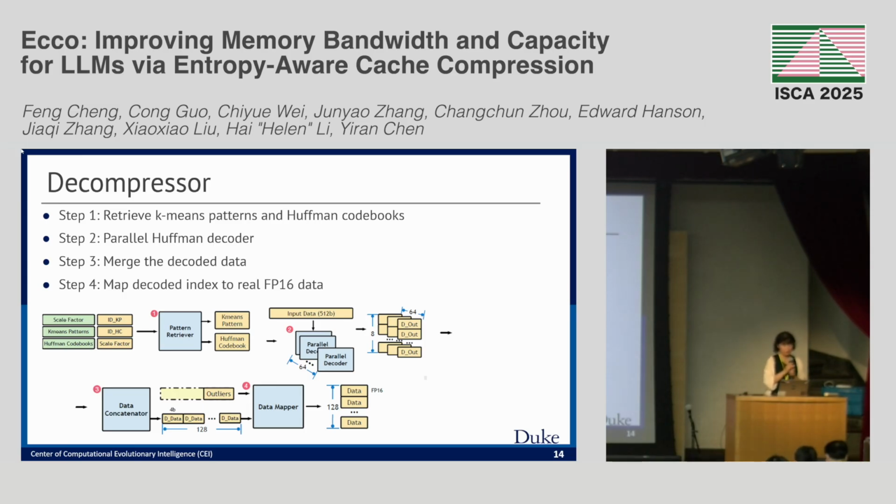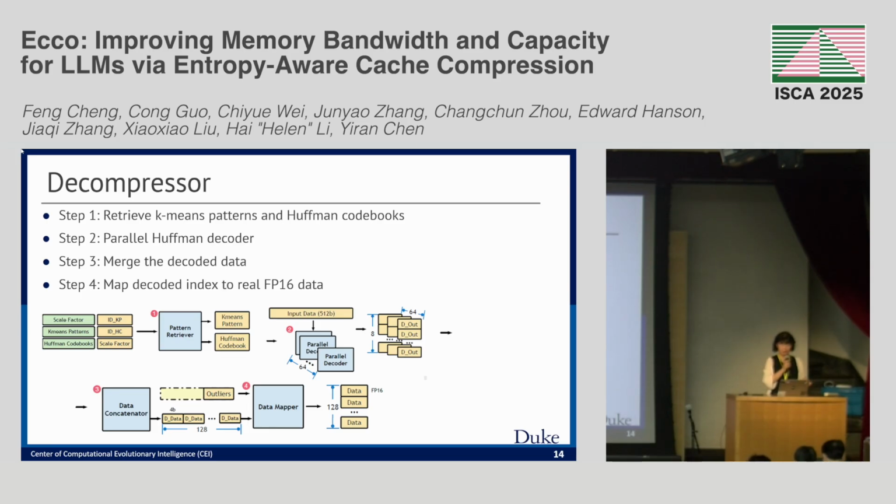The decompressor between the L2 cache and L1 cache decompresses the weights and activations for SIMD compute. It first fetches all the metadata, including the k-means pattern, Huffman codebook, and the scale factor, and then performs parallel Huffman decoding, using 64 decoders per 512-bit block.